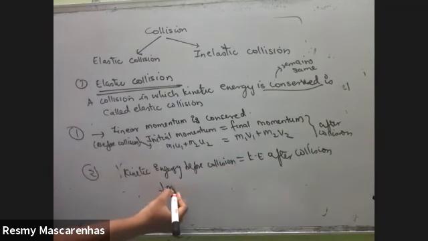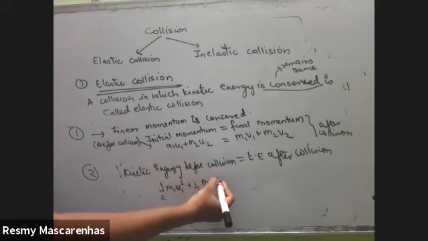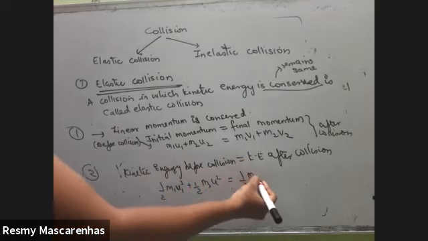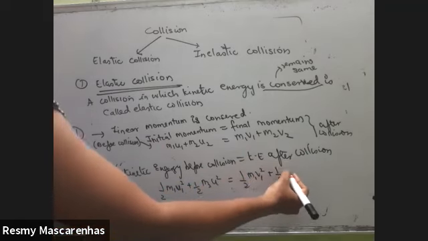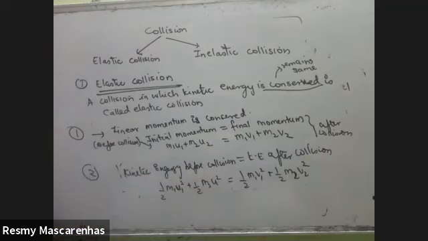Half m1 u1 square plus half m2 u2 square equals half m1 v1 square plus half m2 v2 square. Kinetic energy before collision is equal to kinetic energy after collision. If these two conditions are satisfied, it is called an elastic collision.